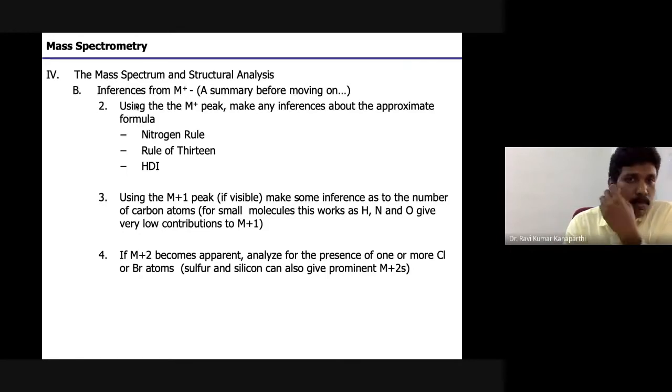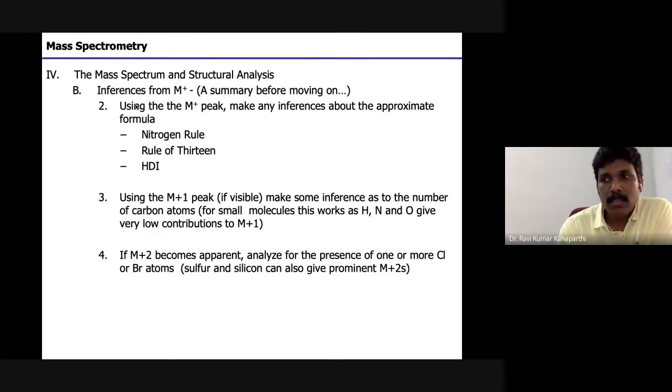The nitrogen rule is one rule that will give you some idea whether nitrogen is present in the compound or not. If a compound has an odd number of nitrogens, then the molecular mass will definitely be an odd number. If it has an even number of nitrogens, then it will give you an even molecular ion peak.